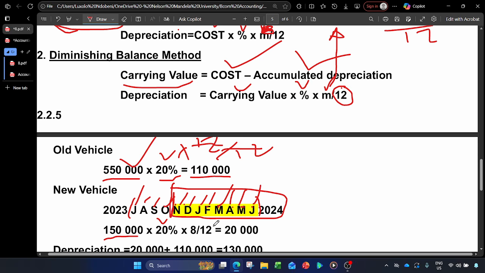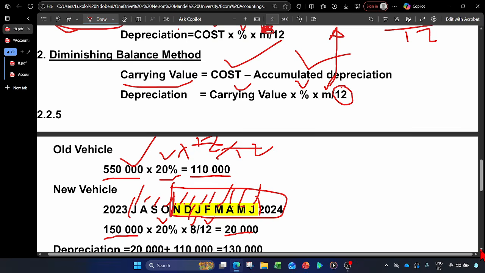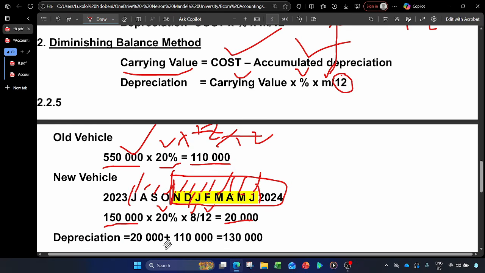How many months did the asset stay or get used in the business for this accounting period? 8 months. How many months in a year? 12 months, divided by 12. Then we get the depreciation, which is 20,000. But remember guys, they didn't ask us to calculate the depreciation for the new asset only, but depreciation for the vehicles. So it will include both the new asset and the old vehicle, which is 20,000 plus 110,000. Then you'll get your 130,000, which is the depreciation for both the new and the old vehicle, right?